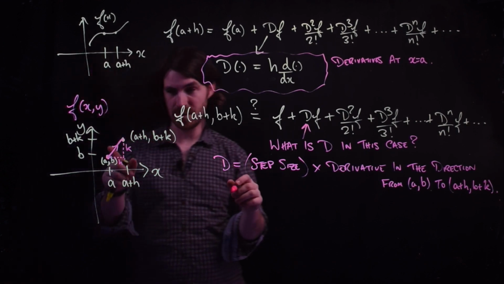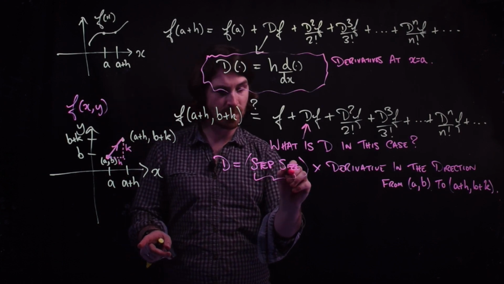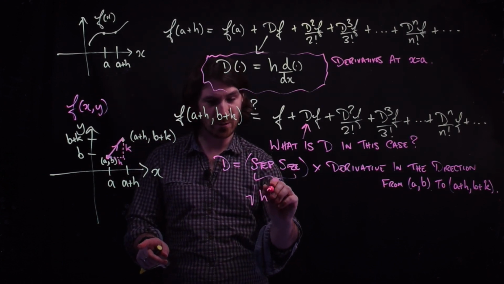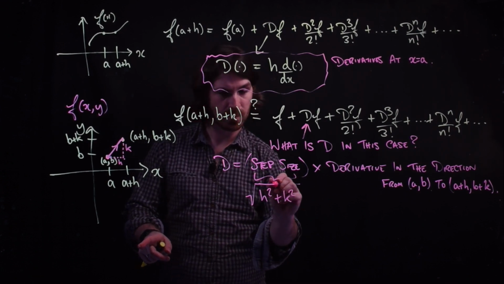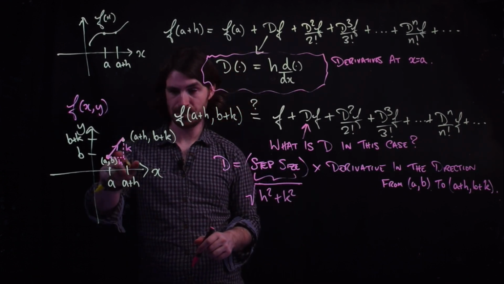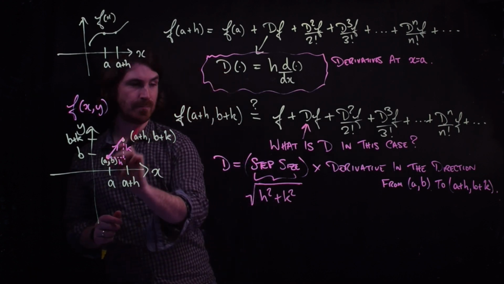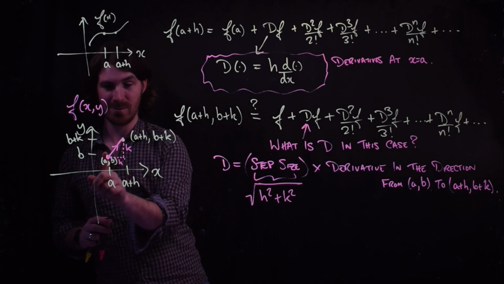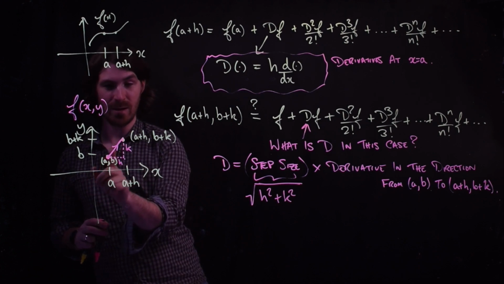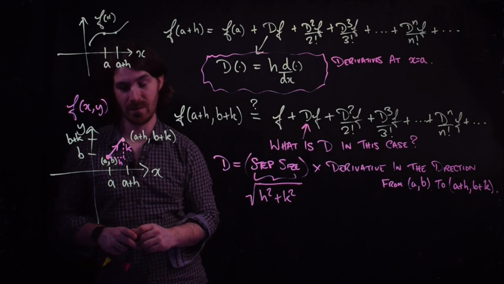So the length, the step size, is just the square root of h squared plus k squared. That's the length of this line. Now what's the derivative in the direction from a, b to a plus h, b plus k?